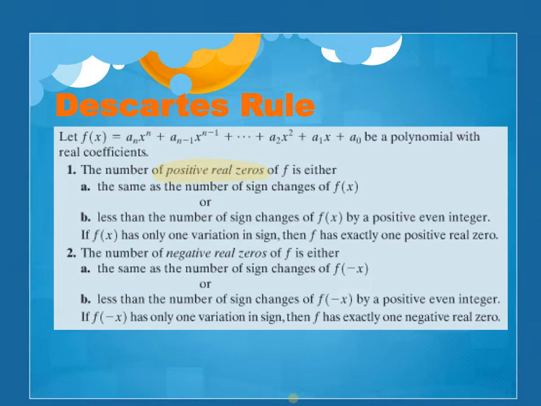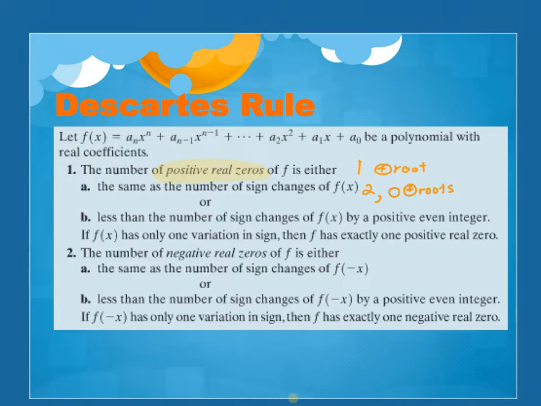So if I count my sign changes and there is 1 sign change, then there is 1 positive root. If there are 2 sign changes, then there are either 2 or none, because they come in pairs.